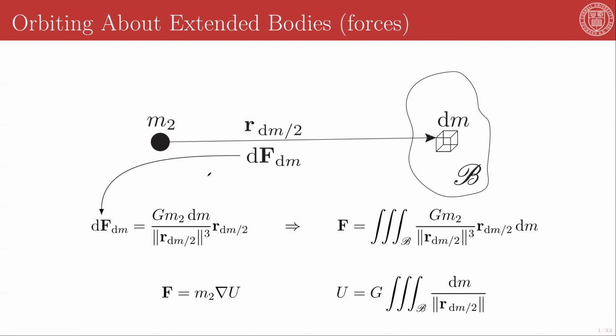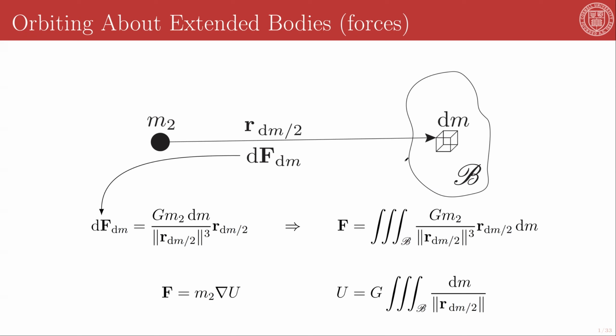The full force on M2 due to M1 is therefore the integral over the full mass distribution, which we know in general to be three-dimensional, and hence the triple integral over the extent of the body of the differential force due to this differential mass element.